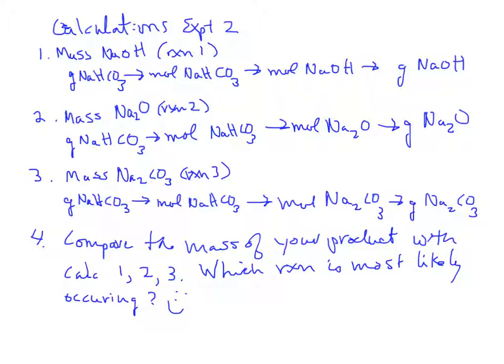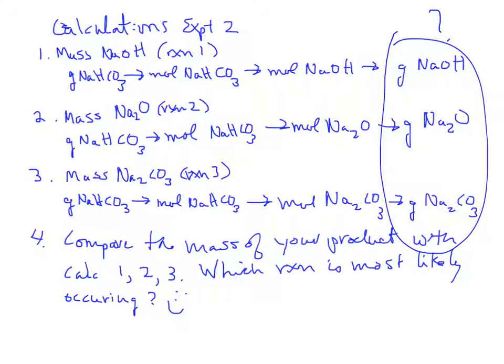Grams of sodium bicarbonate to grams of NaOH. Grams of sodium bicarbonate to grams of Na2O. Grams of sodium bicarbonate to grams of Na2CO3. So what it says there at the end is basically which of these grams do you have?